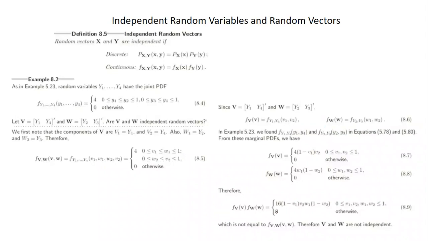Okay, independent random variables and random vectors. Independency, as we have already described, the joint PDF or PMF should be equal to the multiplication of marginal PDFs or PMFs. And here we have an example. Again, I got the random variables, list of random variables from y1 to y4.